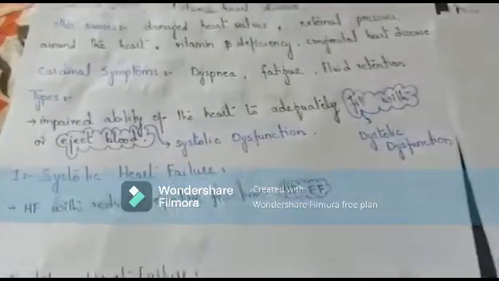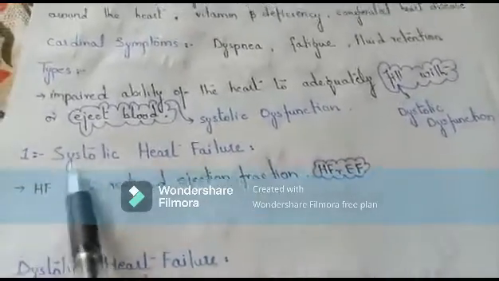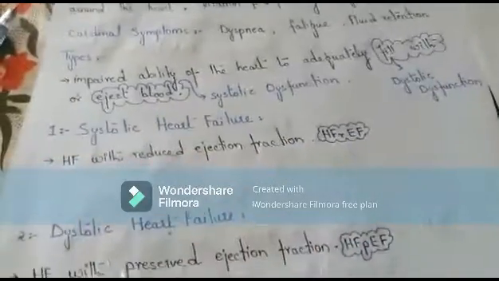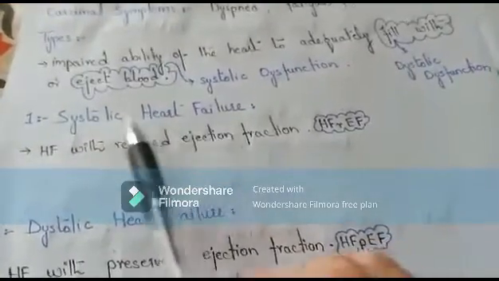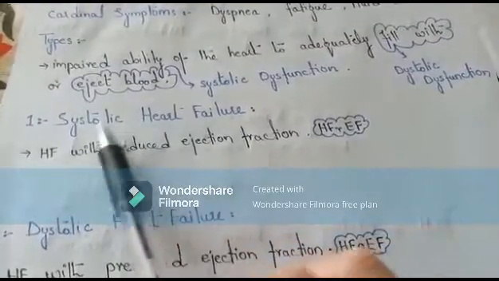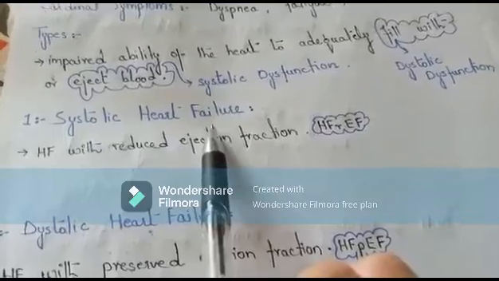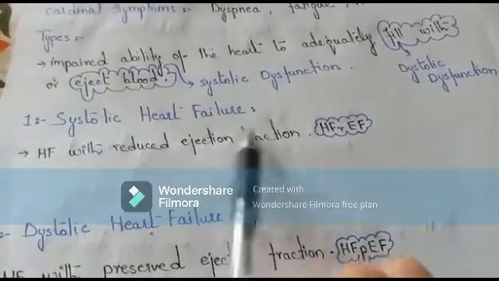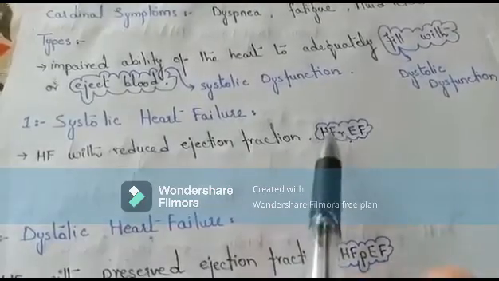Now coming onward toward its types. Heart failure is of two types: systolic heart failure and diastolic heart failure. Whenever there is a problem in the ejection of the blood, that is called systolic heart failure, or heart failure with reduced ejection fraction.